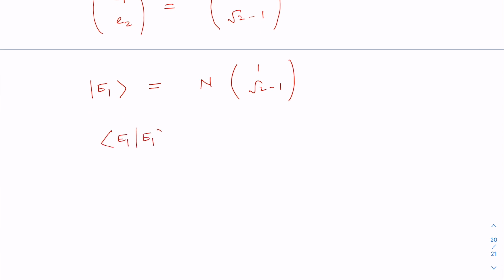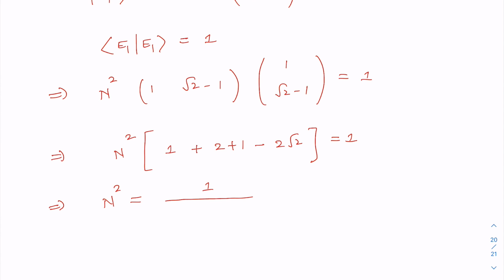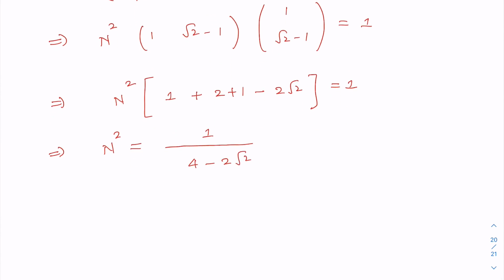So let me denote the eigenket by |E1>, and this is the normalization factor n, so I have n times (1, root 2 minus 1), and because it has to be normalized, this will give us n square times (1 plus (root 2 minus 1) whole square) is equal to 1. This gives 2 plus 1 minus 2 root 2, so n square is equal to 1 divided by (4 minus 2 root 2), which I can write as 1 by 4 times 1 over (1 minus 1 by root 2).